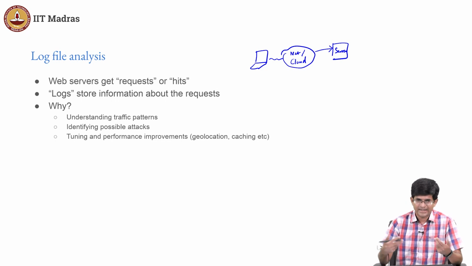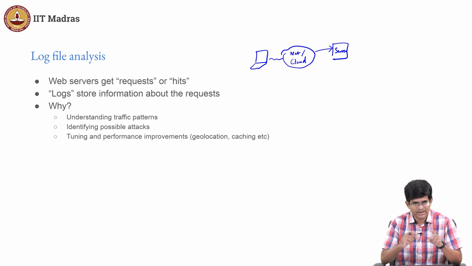The end client is of course you as the user, but as far as the network is concerned, the actual client in this case is the browser, which is issuing requests. Okay. So what does a request look like? It's just a packet of information which basically says, okay, I want something. It basically has the name of a file or something else that needs to be retrieved from the server and returned back to you. Okay.